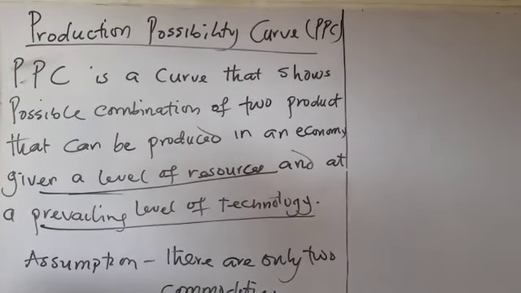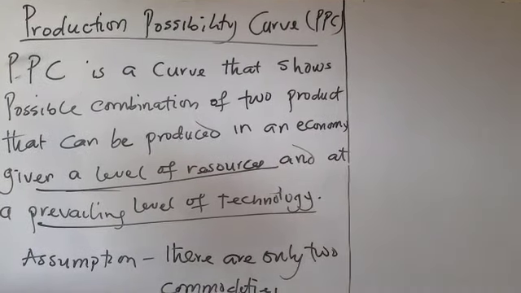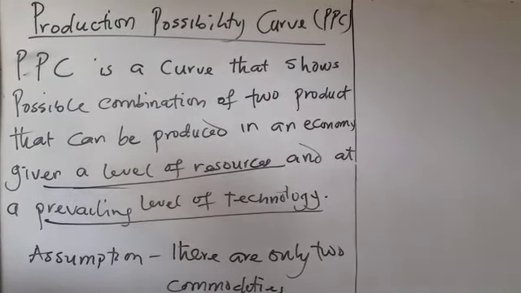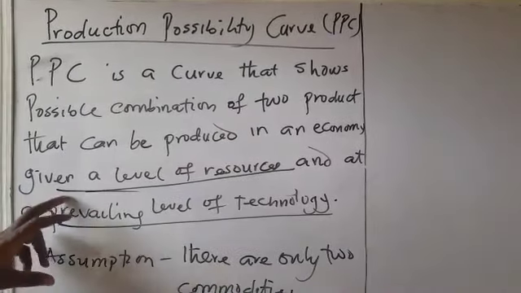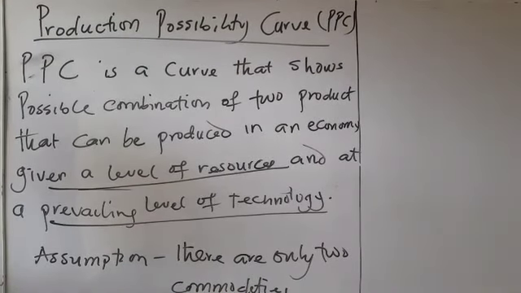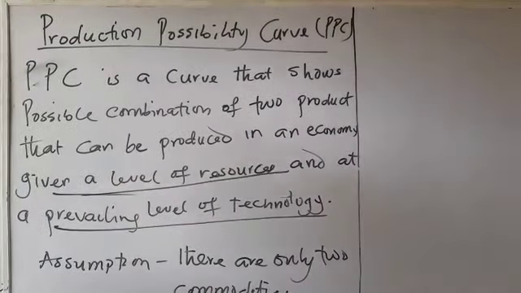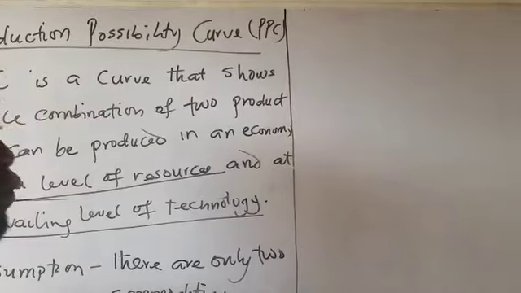There is no chance of having more of it at that moment. So we need to make decisions based on the resources available to us at that moment. That is why we explain it based on given available resources and the prevailing level of technology at that moment in time. And to do this, let me show you based on the assumption we stated before.